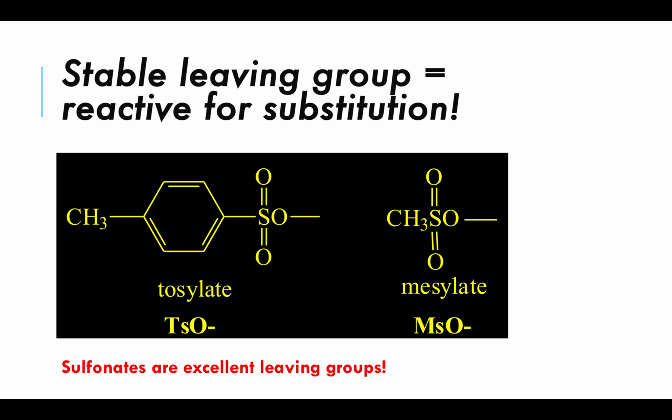Okay. Chemists have a list or know a lot of very good leaving groups, and some of the best leaving groups in chemistry are what we call sulfonate groups. So here, they have an O, and then a single bond S, double bond O, and then some sort of R group. So a tosylate is this, a mesylate is this.